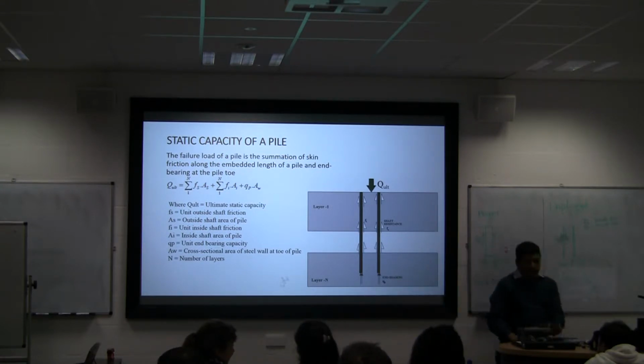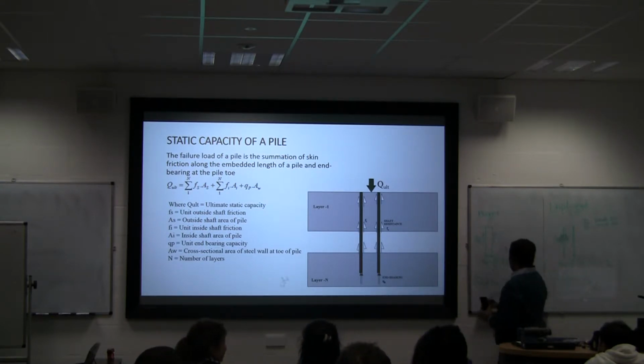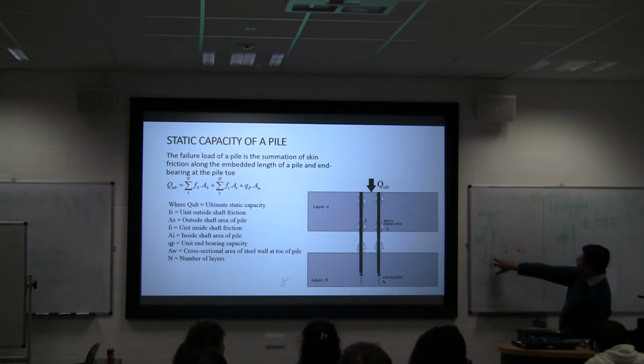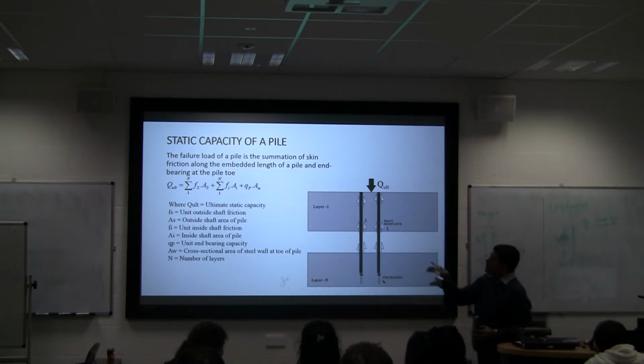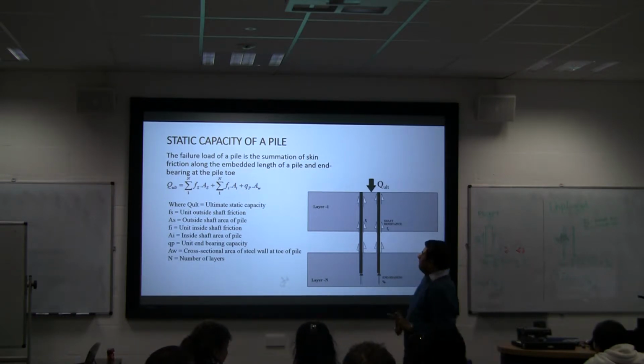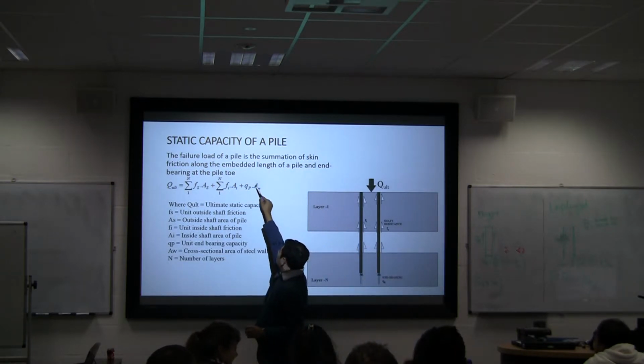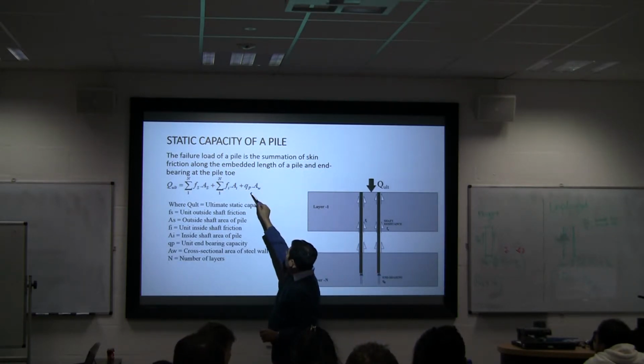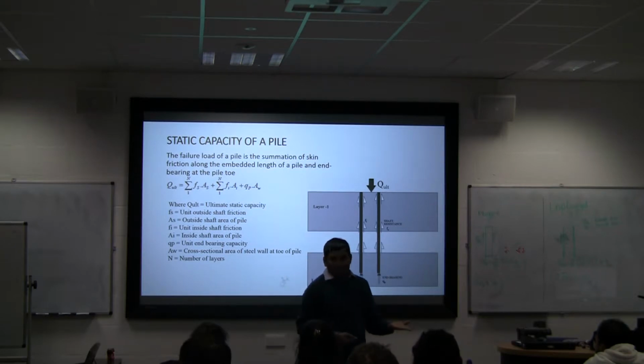It's important to understand the way how you calculate. So the bottom part, the end bearing, is quite simple. Basically end bearing is area times the bearing pressure there.